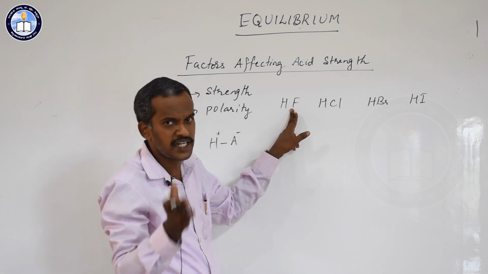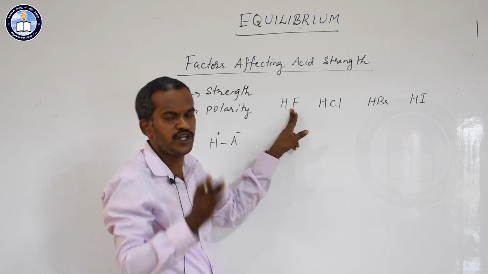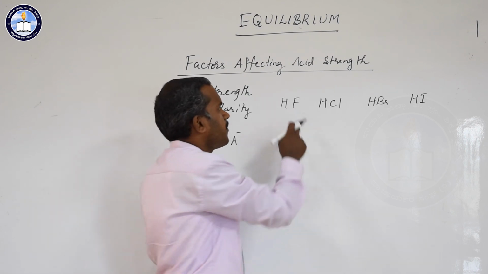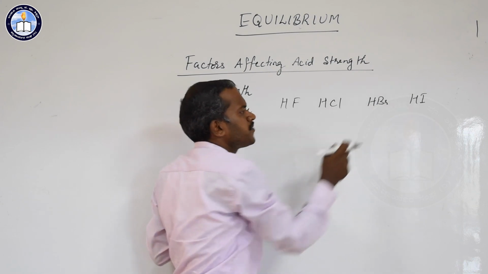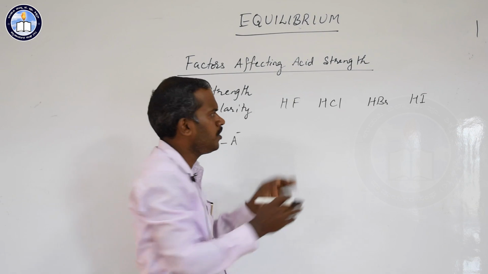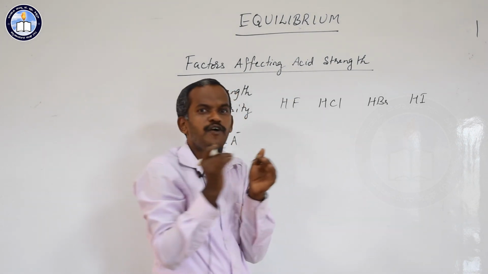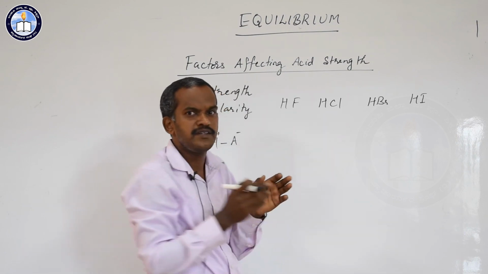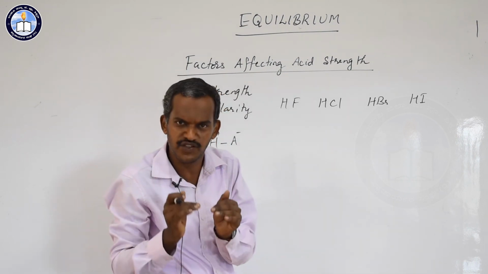We all studied in periodic properties that down the group atomic size increases. So among fluorine, chlorine, bromine and iodine, iodine is largest in size. You studied this in chemical bonding also. Now down the group, when atomic size increases for the negative ion, the strength of the bond decreases.